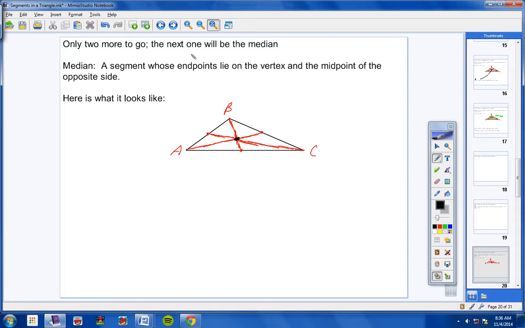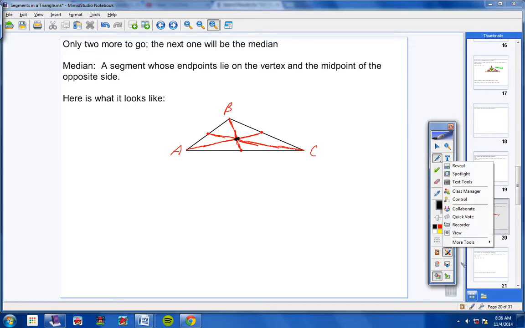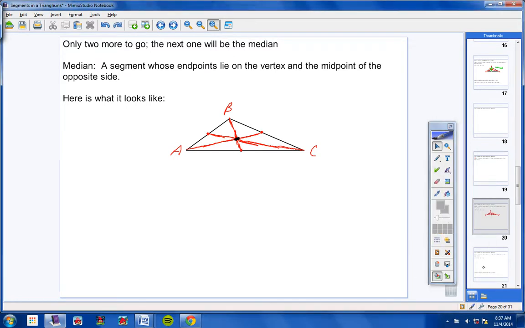Now, please make note of this in your notes, students. Copy this down. This point right here, students, this black point is called the centroid. Okay, the centroid. So write that in your notes. You're responsible for this definition.